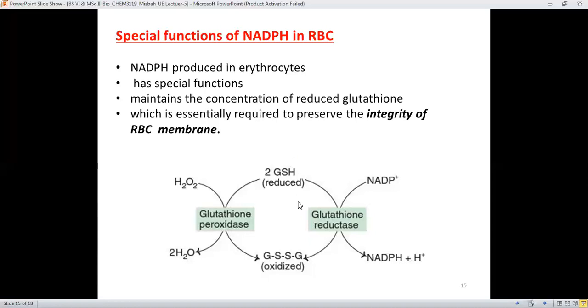Therefore, this equilibrium, or the optimal concentration of reduced glutathione, must be maintained in the cell, which is governed by the reductase and peroxidase enzymes along with the role of NADPH in RBC.